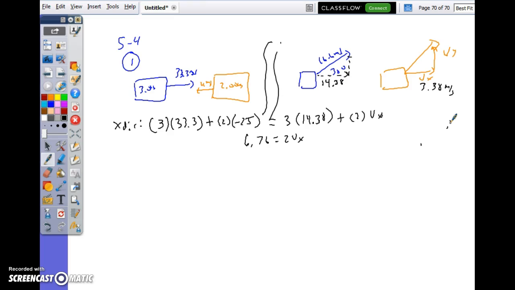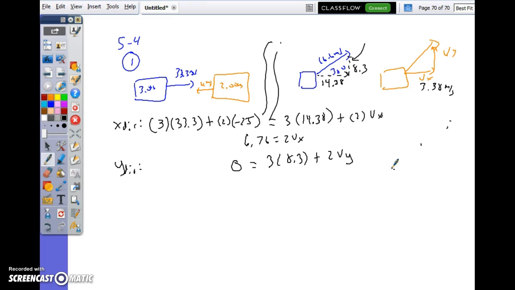In the y direction, momentum before is 0. Momentum after, I create this piece here, that's 8.3 using sine. So 3 times 8.3 plus 2 times velocity in the y direction, and we can solve for that too.